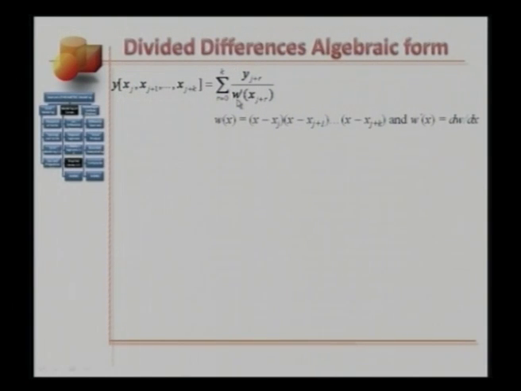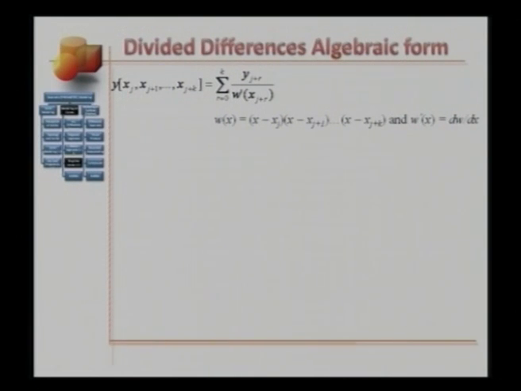How would you want to construct w? W is these terms here, x minus xj times x minus xj plus 1 and so on and so forth up till x minus xj plus k. In a sense, all you need to do or remember is subtract all these terms xj, xj plus 1 respectively from x and multiply these terms to construct w. Differentiate w once with respect to x and evaluate w prime of x at xj plus r.